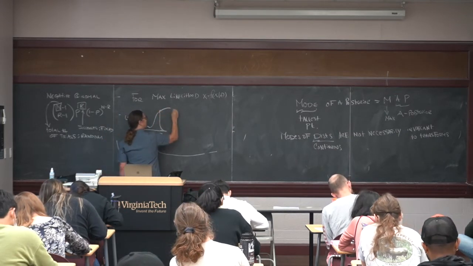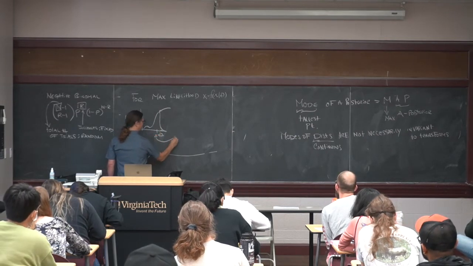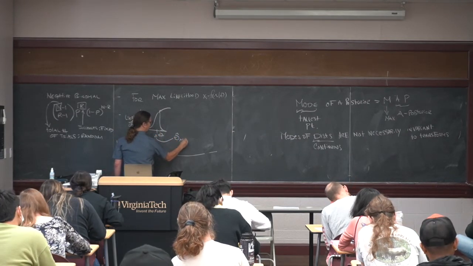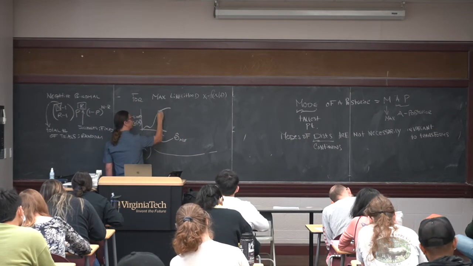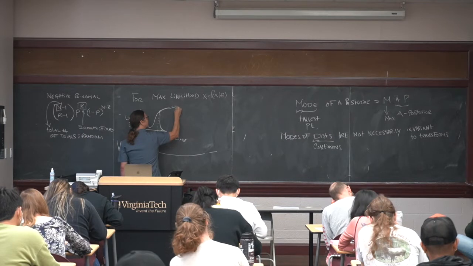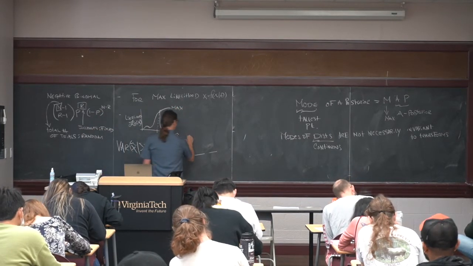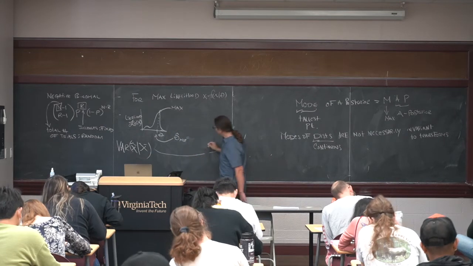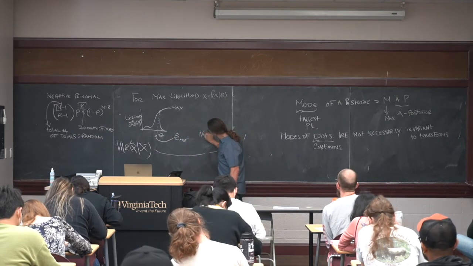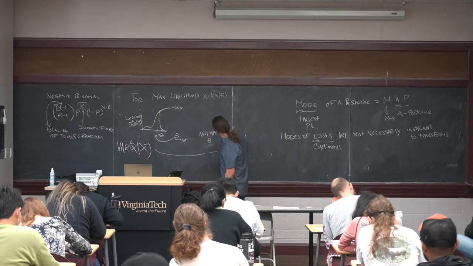This is the MLE. Theta hat MLE is the point that maximizes that function. That's the max of the function. This thing right here is the argument that maximizes the likelihood.